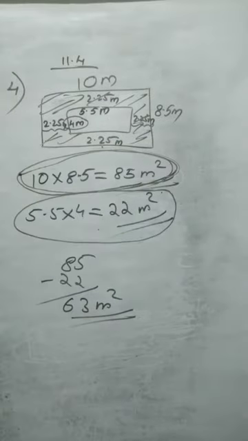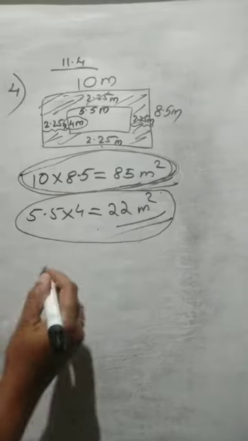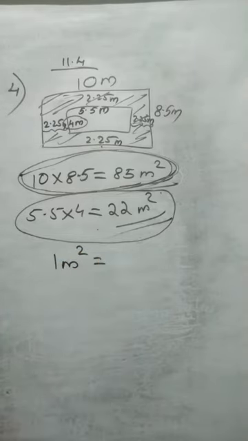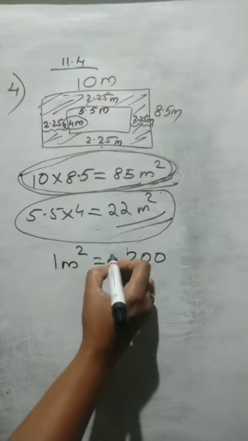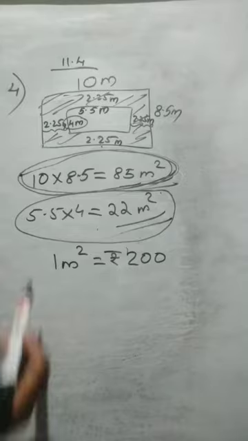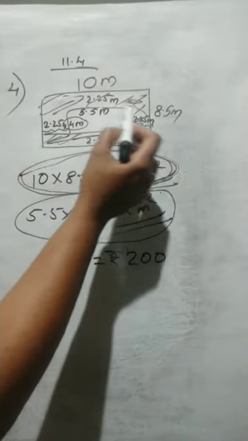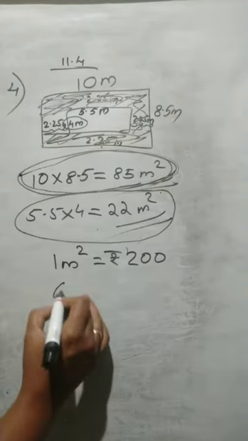Then one more question is here. They need to construct a floor, that is cementing the floor. So for 1 meter square of cementing the floor, the rate is 200 rupees. The total area is 63 meters square.